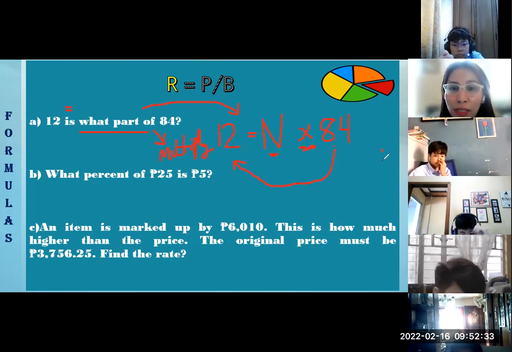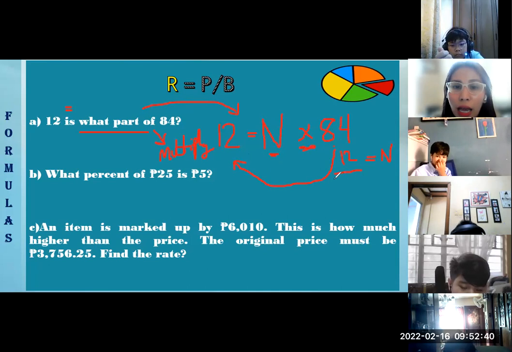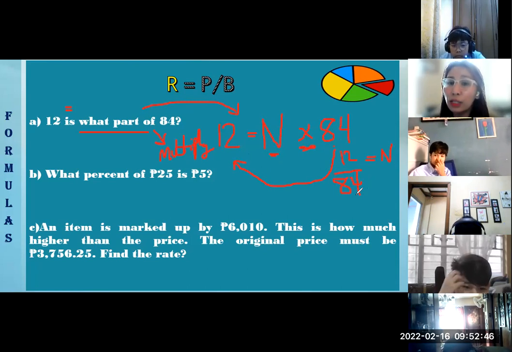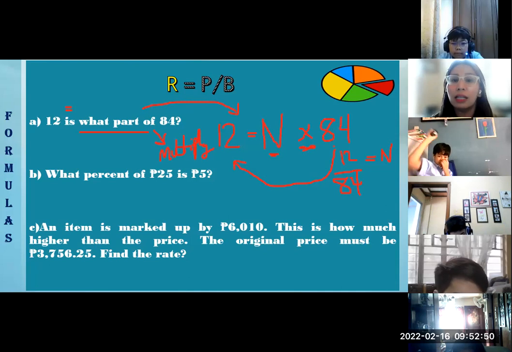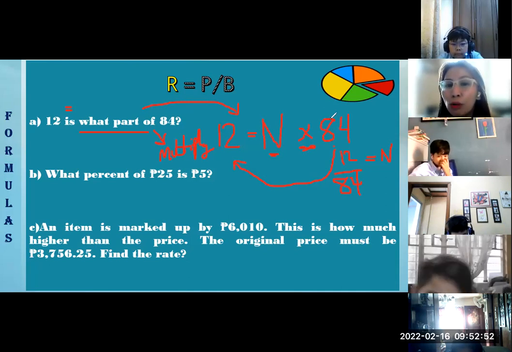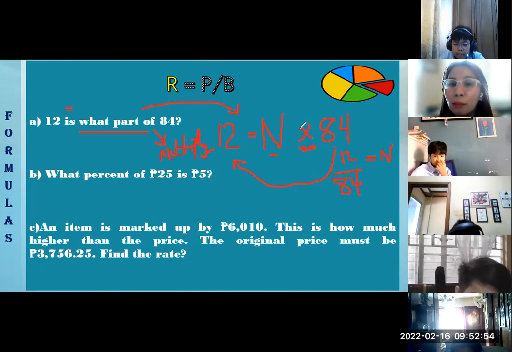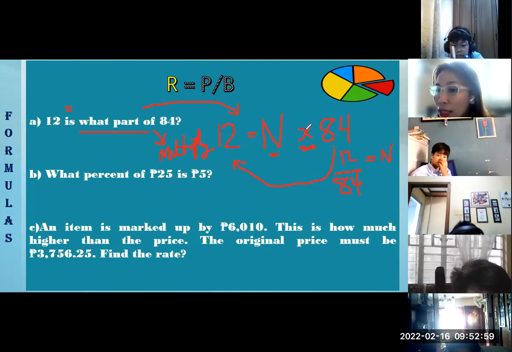It now becomes N equals 12 over 84. Tama, nasundan nyo class? 12 over 84. Transfer lang siya sa kabilang side. Kasi naka-multiply siya eh. Pag naka-multiply on our right, ta-transfer siya to kabilang side, it becomes division.